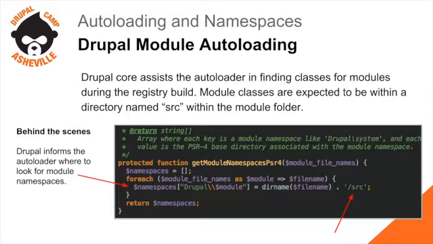This is what's telling the autoloader to look inside the source folder within your custom module. It's part of Drupal's lib composer, just part of what Drupal's doing behind the scenes to help the autoloader find your classes.